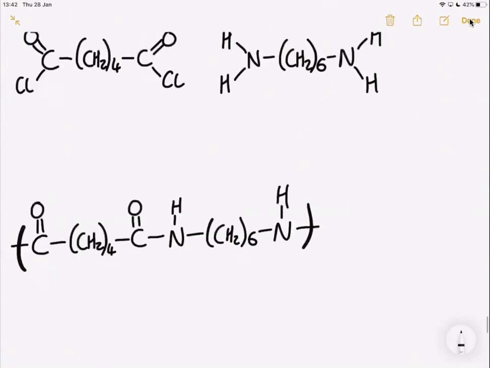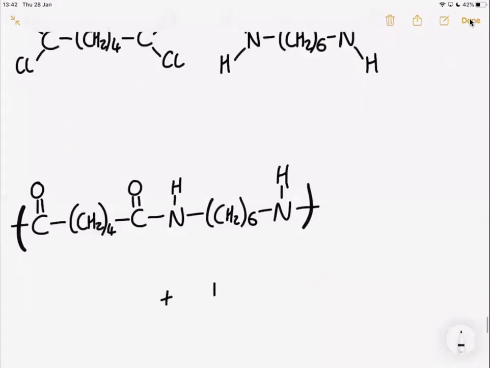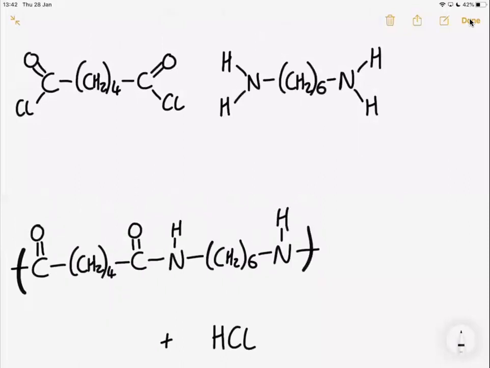Obviously, as a polymer like this forms, instead of water as a byproduct, like we've been getting in all the other examples, you're going to get hydrogen chloride as a byproduct. And there's not much I want to say about that. It's just worth commenting on because hydrogen chloride is a corrosive gas.